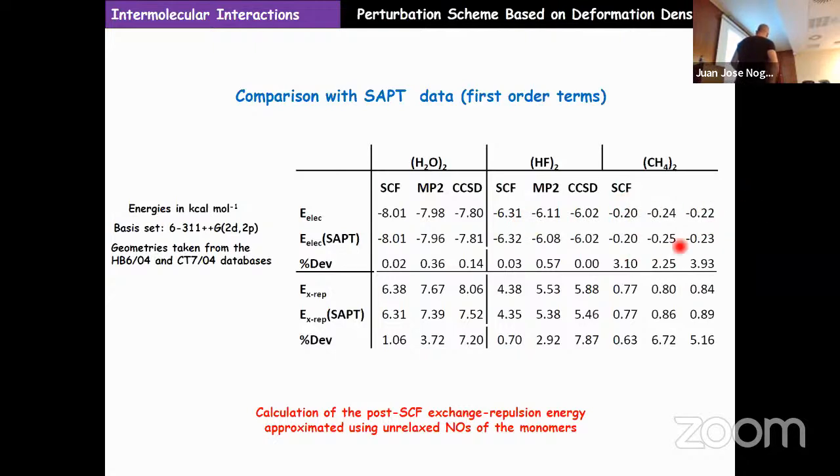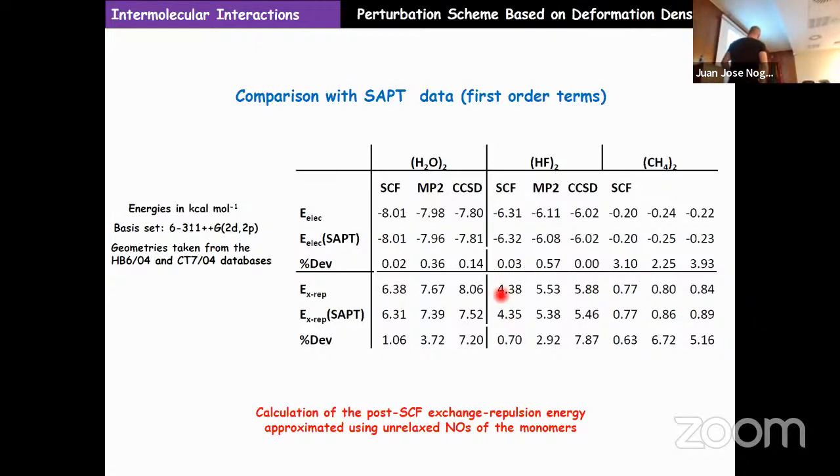The difference is because of numerical questions, implementation. This is the percentage of deviation, and now the most delicate point is here. The exchange repulsion between SAPT and our scheme at SCF level is pretty good. Why? Because our exchange density is exact using Hartree-Fock.